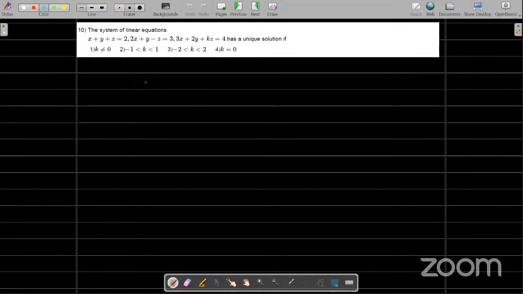Okay, has a unique solution. Again, this I think is an inhomogeneous equation. So if it is having a unique solution, the determinant should be not 0. So just write down the matrix and calculate what is the value, and for which value of k it will have a unique solution.